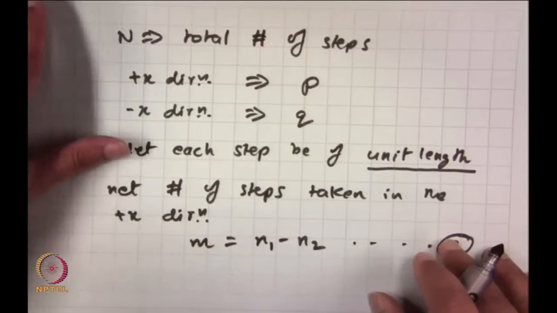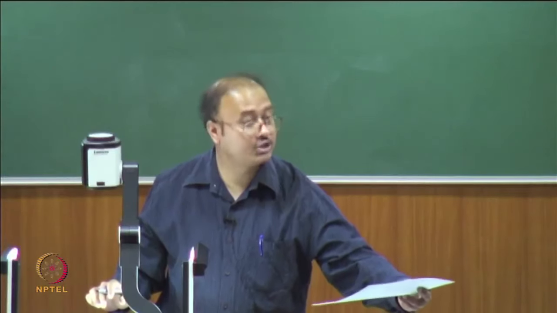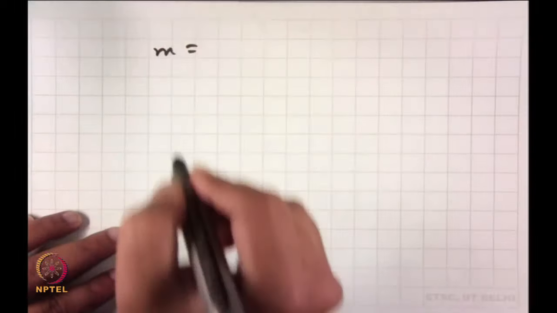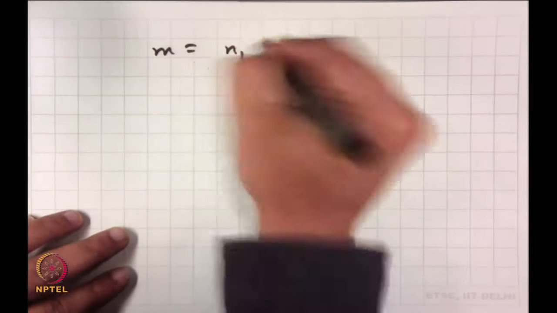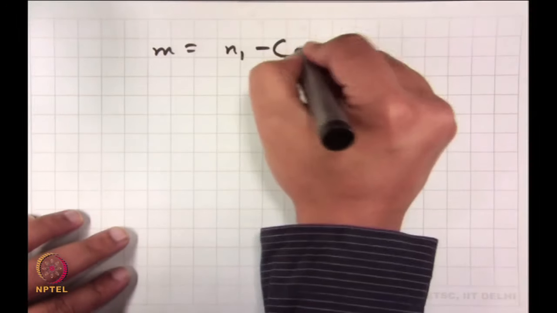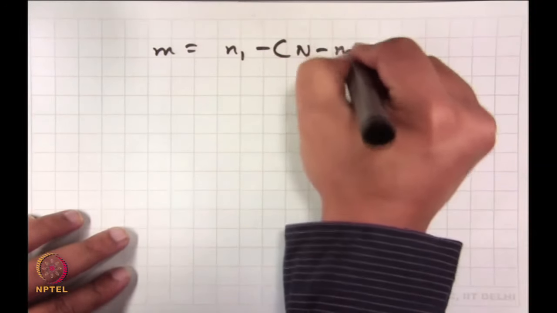Okay. Based on this, from equation 1 I have n is equal to n1 plus n2, that is a capital N. Then I can write m is equal to n1 minus n2, and n2 is equal to N minus n1.